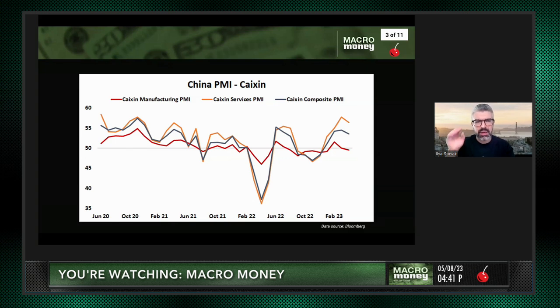Here is another version of these numbers. This is the private sector estimate. The official numbers tend to focus more on large state-owned type enterprises. This one is from Caixin in collaboration with S&P Global. It's a private sector estimate, again, of PMIs.